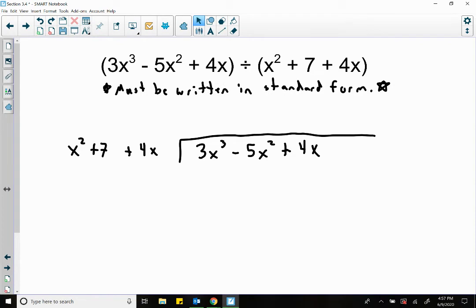So standard form means that you go from the highest power on down. Look at this: 3, 2, 1. That makes sense. It's from my highest power, 3, on down. 3, 2, 1. Now, look at this one: 2, 0, 1. Because remember, any variable that doesn't show a power has a power there, the number 1. Does that make sense?